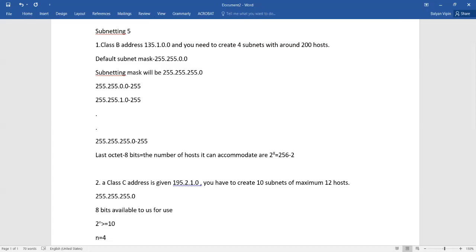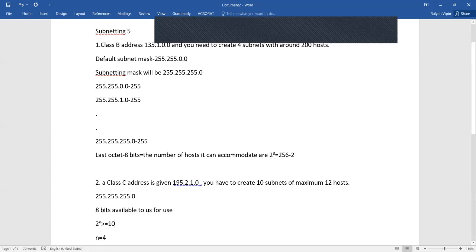And for hosts, the value here is 12. Again, if I use this formula, it is going to give me n equals 4.